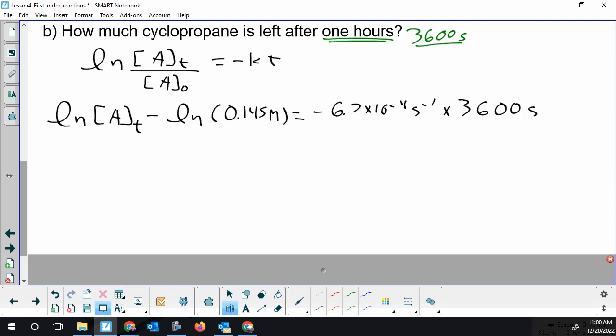Okay. Now I'm going to start simplifying, and the new part is going to be getting rid of that natural log function. That's the big part of this example, seeing the math. So for the natural log, I'm not going to isolate for just the concentration of A at some time yet. I want to get everything on the other side.